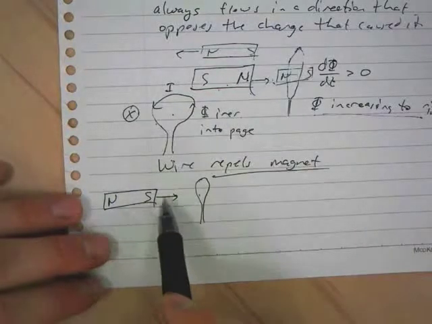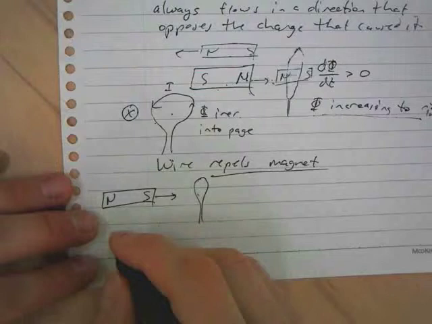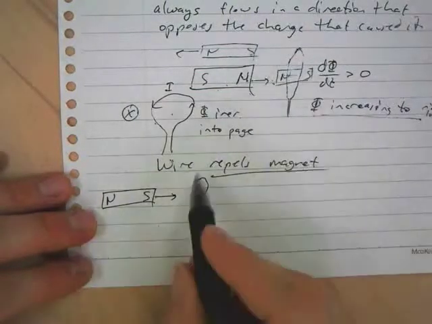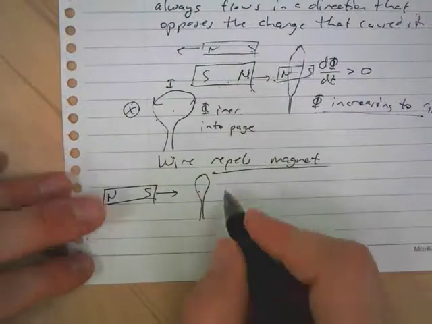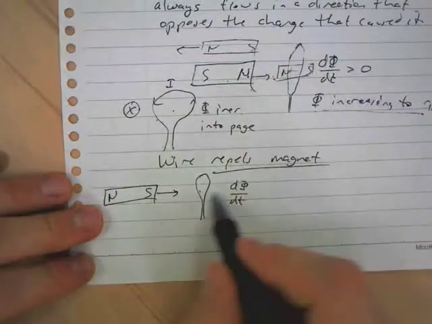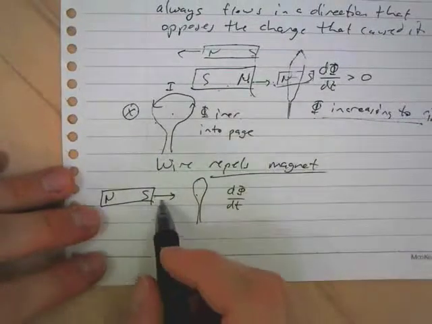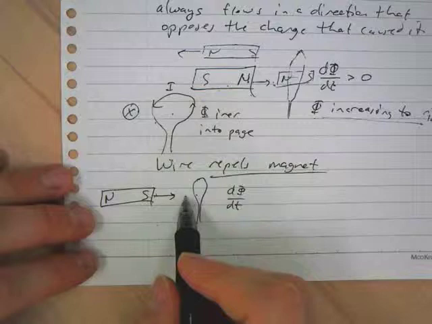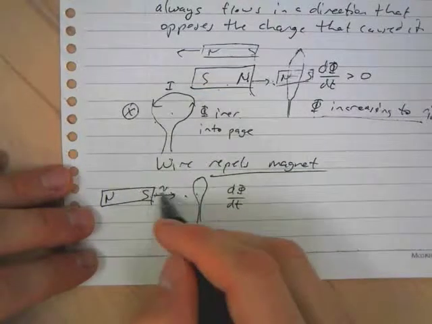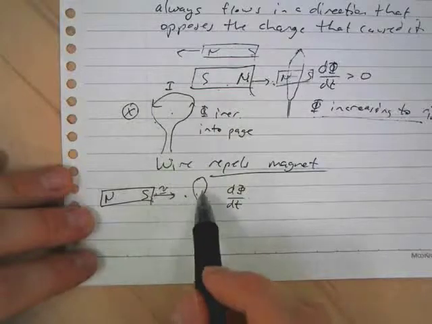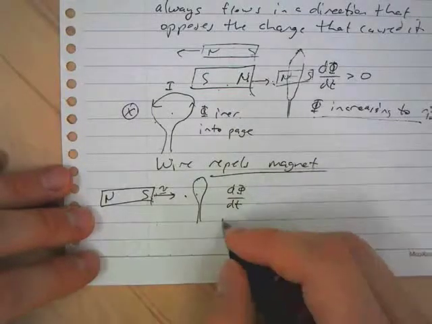So south moving toward the loop, that means that the flux is doing what? Well, as we move this south closer, the magnetic field is stronger, but it's pointing toward the south. This is the velocity. The magnetic field is pointing toward that south pole. So as we move it, the flux is increasing to the left.